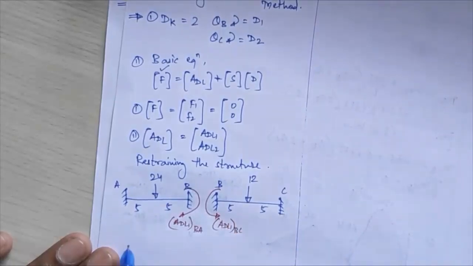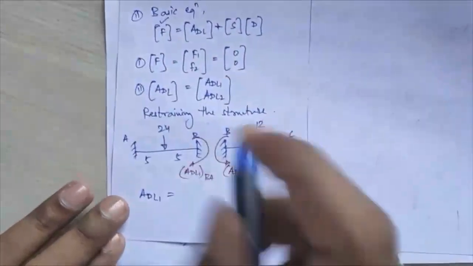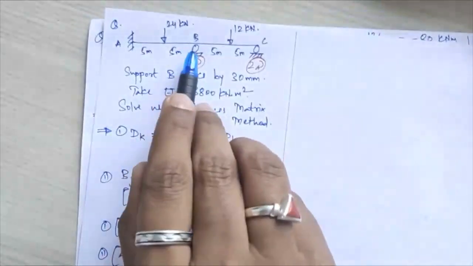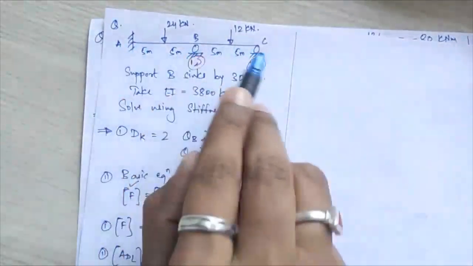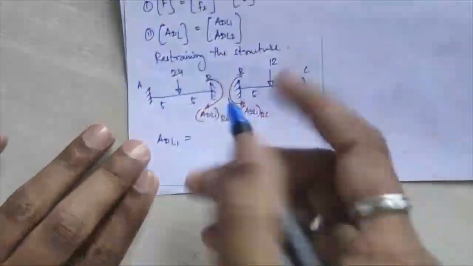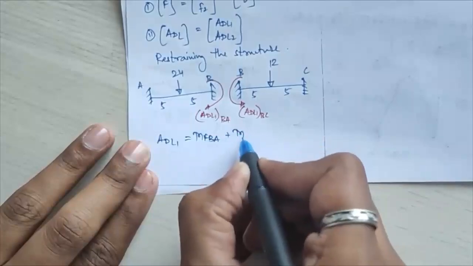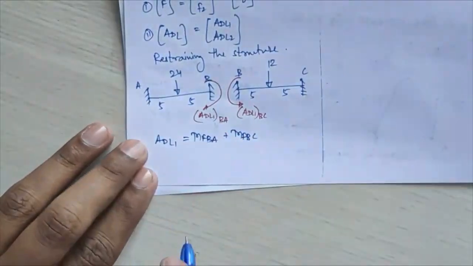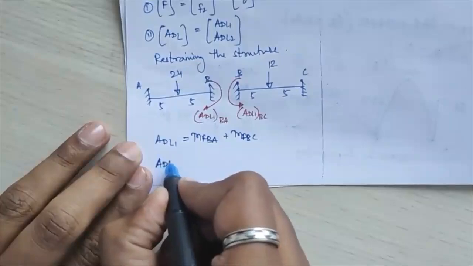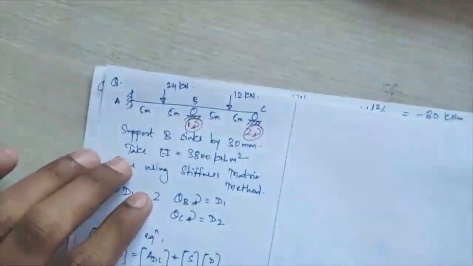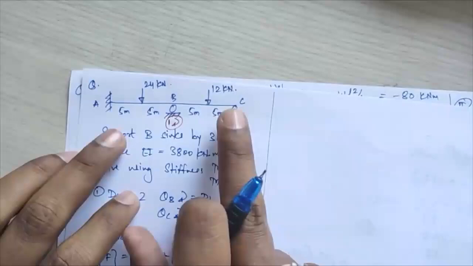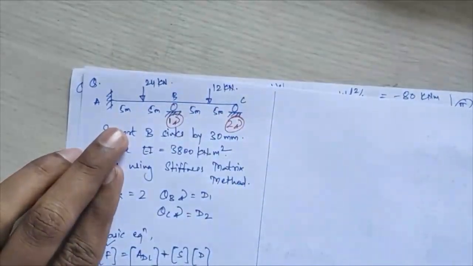Because your ADL1 value is at your first coordinate, it will be the summation of fixed end moments of BA and BC. So ADL1 will be your MFBA plus MFBC. And the second, ADL2, is at your second coordinate, which is point C. So for this you will have MFCB.